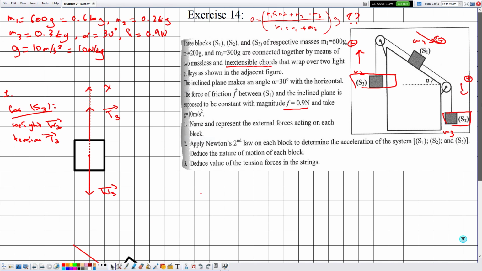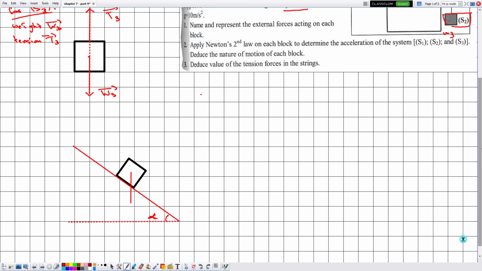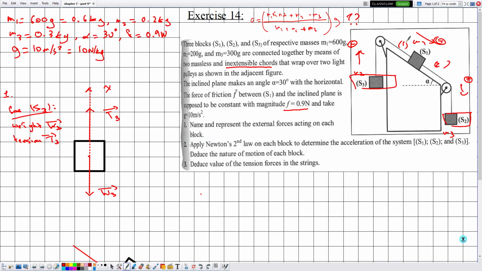We have the tensions. Let me say this is string 1, and this is string 2. If this is T3, let's say this is T prime 3, in order to equate between them later. So this is 3 and this is 2. Let's ignore 1 because 1 is common for 3 and 2.